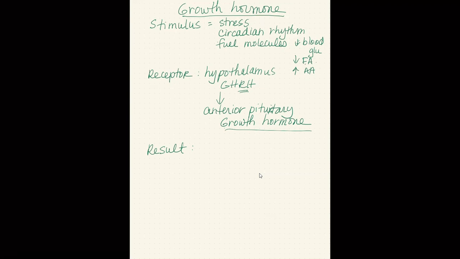And how are you going to grow? What's going to happen is that glucose will stay the same, but fatty acids in the blood will go up, and then amino acids will drop.